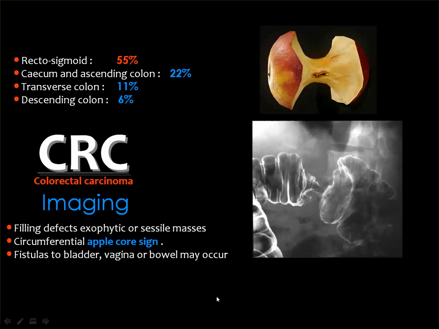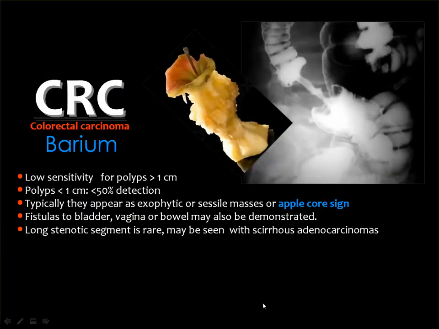The imaging findings in general include a filling defect, which may be exophytic or sessile, a circumferential stricture, which is famous for the apple core sign, as you can see here, and fistulous communication to the bladder or vagina or other bowel loops.